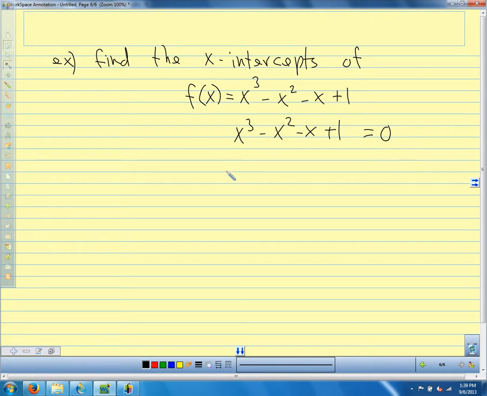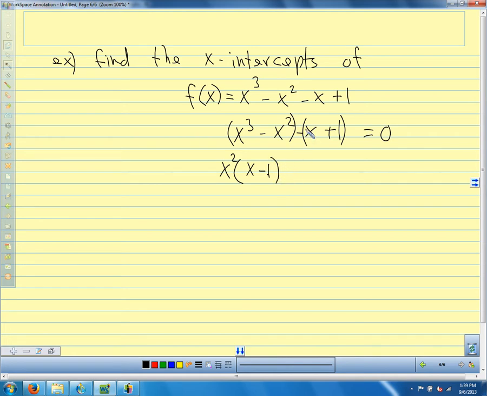I'm going to factor an x squared out. I can take x squared as common to these two terms. And I'm going to factor this as well. So these are my groups. I'm going to factor an x squared out. I end up with x minus 1.